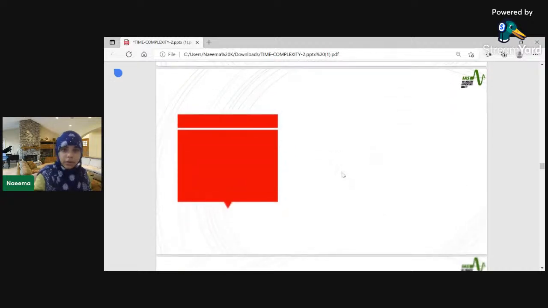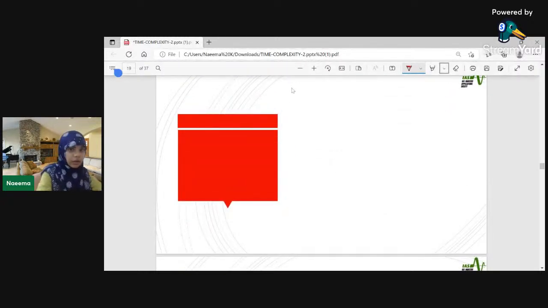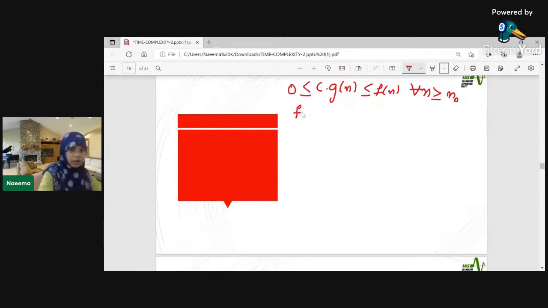Let me explain with the help of an example. Here's the equation of big omega: 0 less than or equal to c g(n) less than or equal to f(n), and the condition always remains the same for n greater than or equal to n naught. Let f(n) be the same function n cube plus 1 again, and I can tell you that n cube plus 1 is big omega of 1.